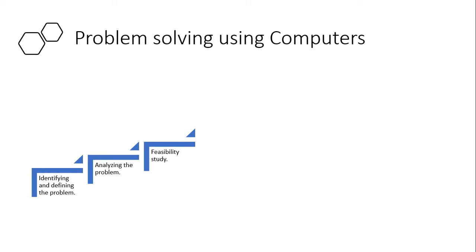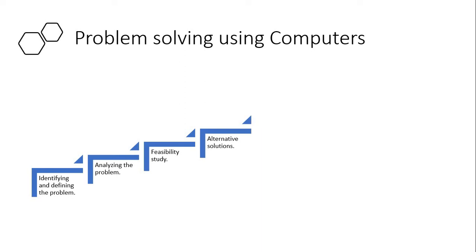Feasibility study checks for various parameters such as the program which will be implemented, whether it is beneficial for the organization, whether implementing the program or software is affordable for the organization, whether the existing employees in the organization will be able to work on this new software which will be implemented, or the training must be given to these employees. All such parameters are checked at the feasibility study.